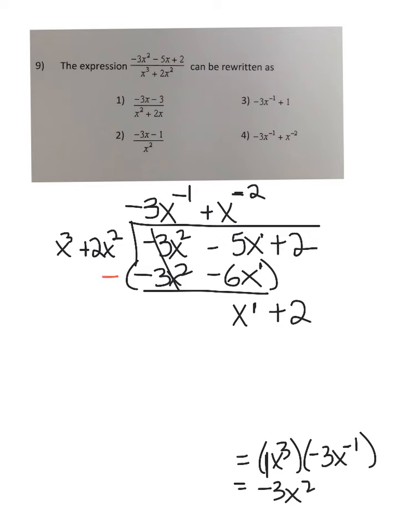Okay? All right, so here we go. So now I'm going to multiply my x to the negative second times my x to the third. Remember, keep the base, add the exponent. So we're adding 3 and negative 2, and that's going to give me x to the first. And then I'm going to do the same thing again, x to the negative second times 2x squared. So that's going to give me plus a 2x.